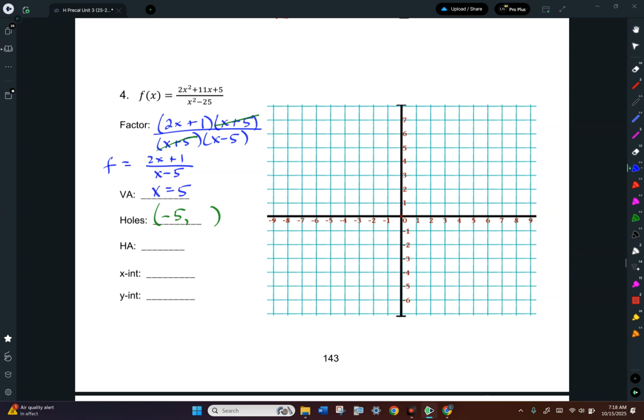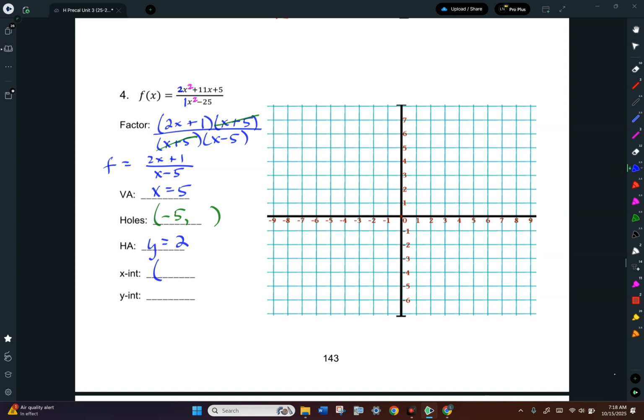For the horizontal, I'm going to compare the degree. I tend to go to the original just because it's not cluttered up. So for the degree, I can tell it's a square on both the top and the bottom. So I look at the coefficients. It's going to be 2 over 1. So y equals 2. X-intercept. Remember, for the x-intercept, you look at the numerator.